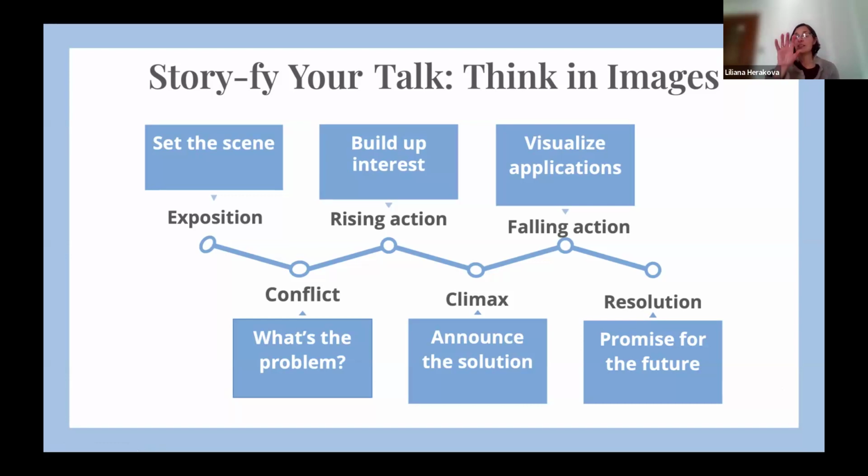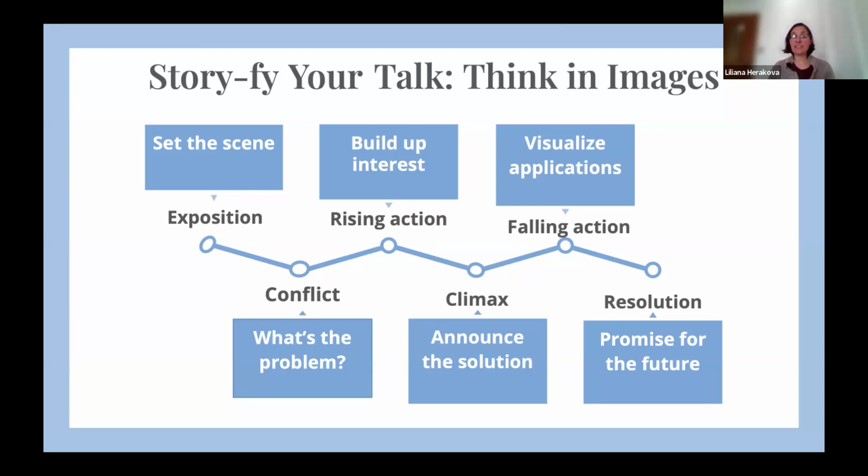So this is a 6-scene or 6-panel storyboard. Exposition, it goes up and down, up and down. It doesn't have to, but this visual represents it this way. Exposition, conflict, rising action, climax, falling action, and resolution. And these are the 6 steps.